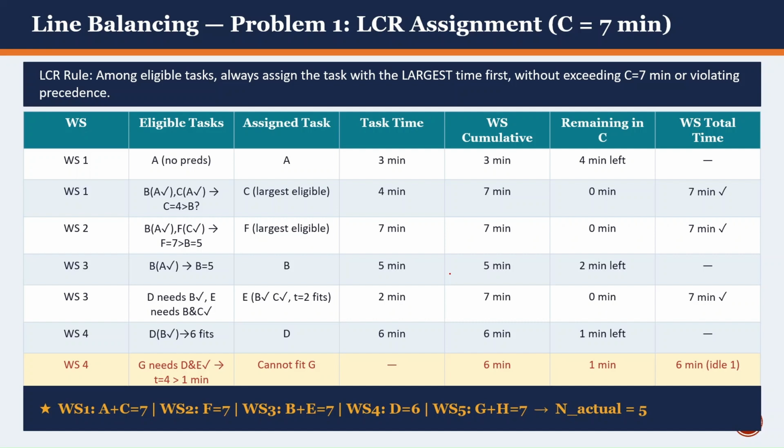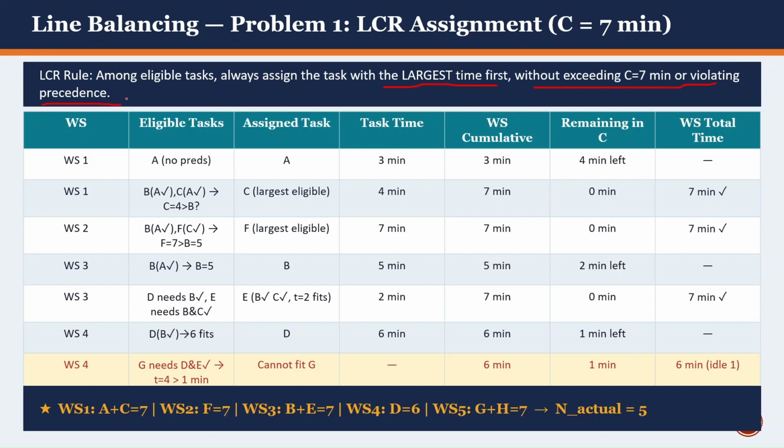In parallel, we'll do the second assembly in the second workstation, and similarly in the next workstations. So we'll assign the tasks according to precedence. Here, we have to assign the task with the largest time first, without exceeding C equal to 7 minutes or violating the precedence.